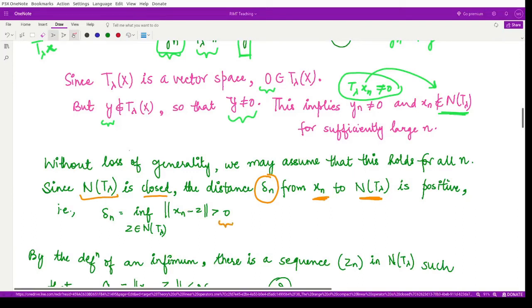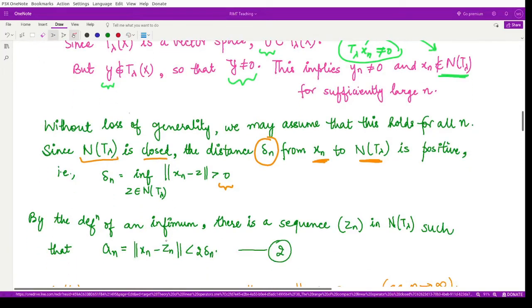Why? Because the limit point is outside of the null space. Okay, so using the definition of infimum, because this distance is greater than 0, we would say there is some sequence Zn in the null space of t lambda such that the distance of xn with Zn is less than 2 times delta n.